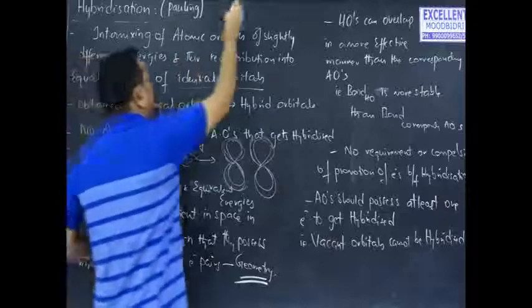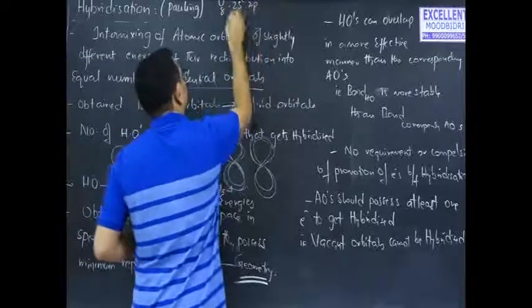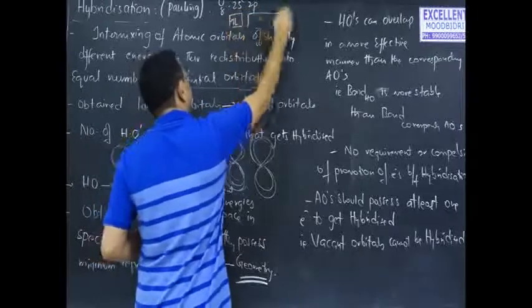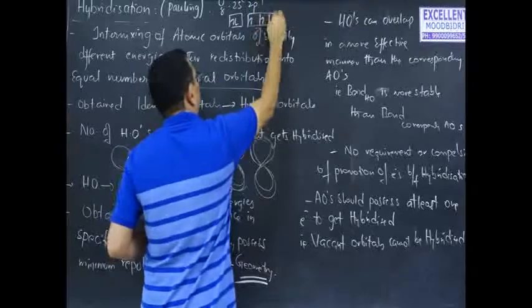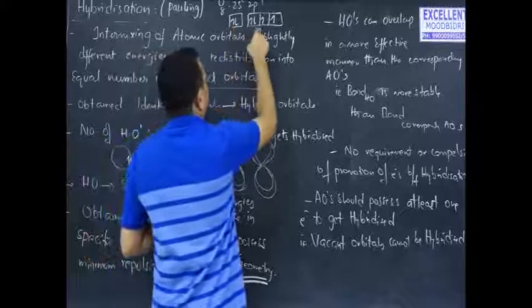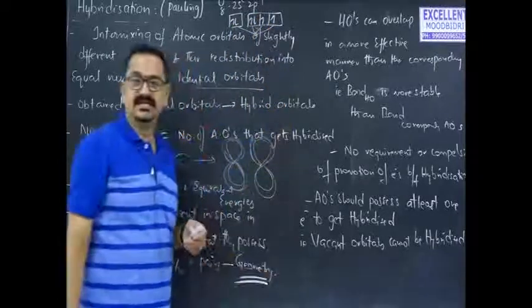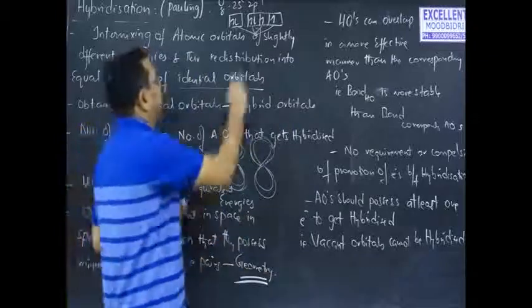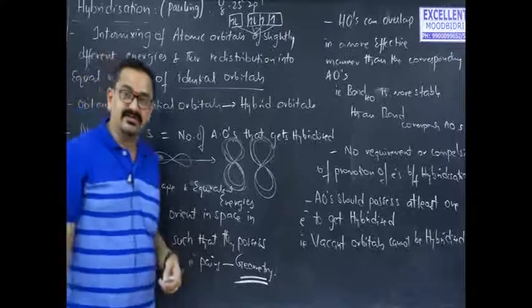Suppose you take oxygen, atomic number 8, electronic configuration 2s2 2p4, 1 2 3 4, right? Now even these 4 atomic orbitals can get hybridized. To get hybridized, it should be occupied by at least 1 electron. That's the condition given here.